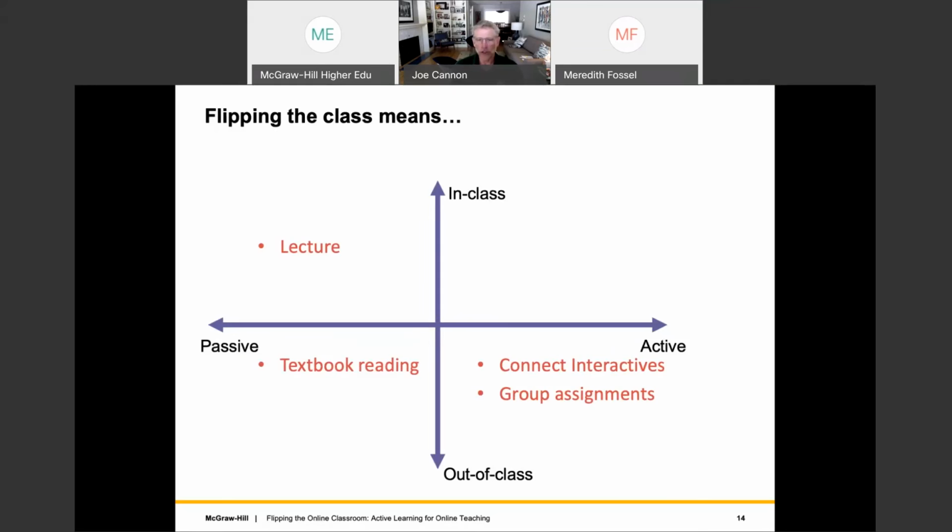If you're a McGraw-Hill user, you're familiar with the idea of using Connect Interactives. Those are online exercises students can do to reinforce their reading. And you might have a group activity or a project as well. Typically that occurs outside the class, and then inside the class might be lecture. That would be one model at one extreme.